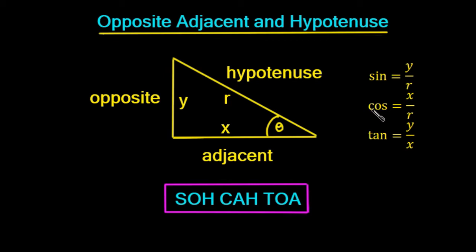The cosine is going to be given by x divided by r, or equivalently the adjacent over the hypotenuse. And the tan function is going to be given by y divided by x, which is the opposite over the adjacent.